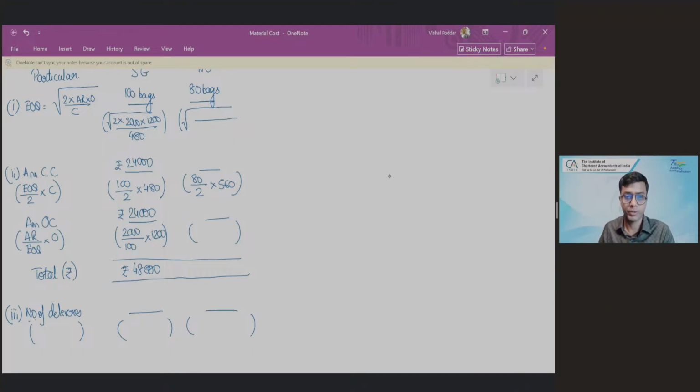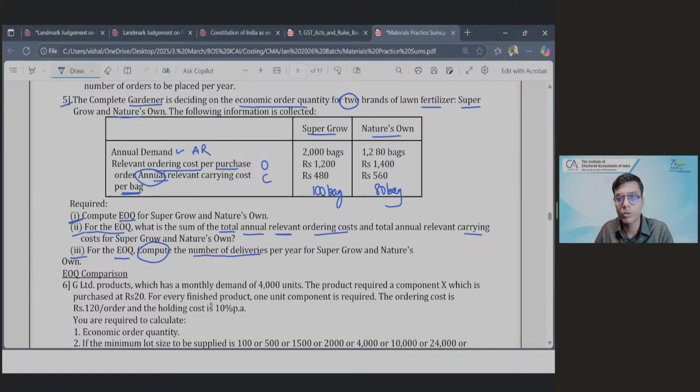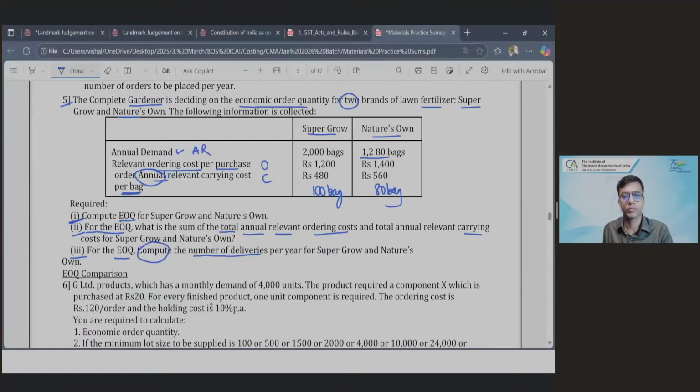So as you can see, mathematically also now we are getting the same figures. Same thing will happen in case of other bag also, other material also. So 1280, 1400, 560. ठीक है?